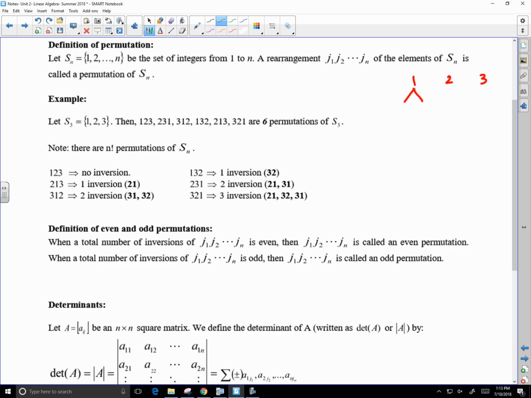After person 1, it could be person 2 or person 3. After person 2, it could be person 1 or person 3. After person 3, it could be person 1 or person 2. If I have person 1 and person 2, person 3 is left over, then person 2, 3, 1, and so on. That's our 6 permutations.